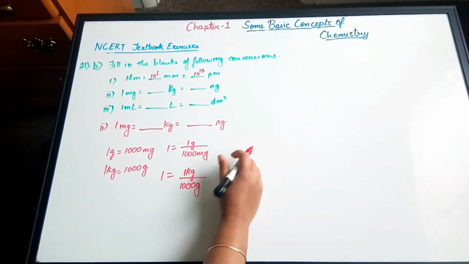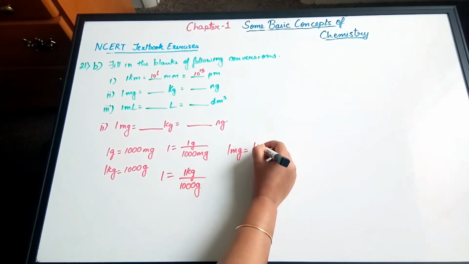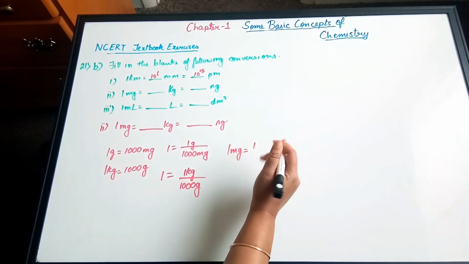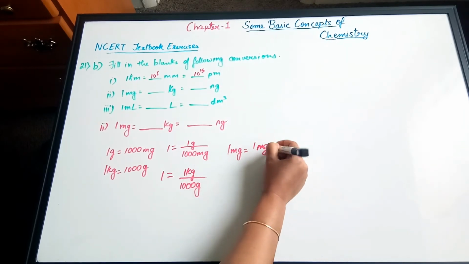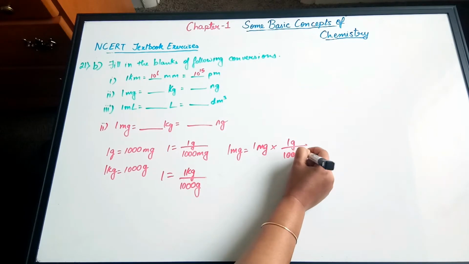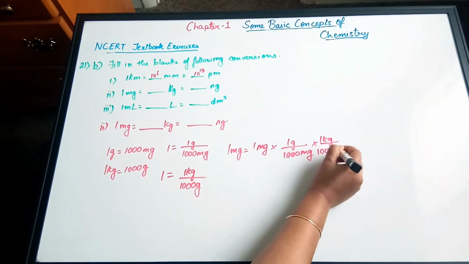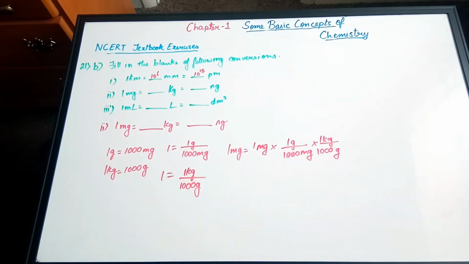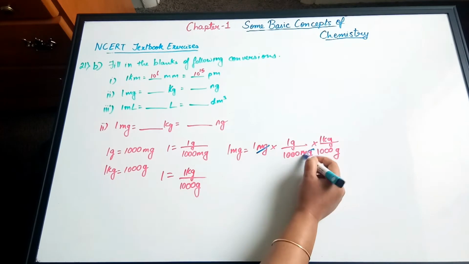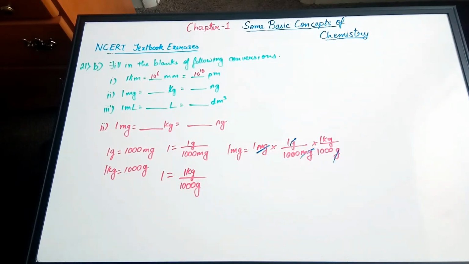Similar to the last time, 1 milligram equals 1 milligram into 1 gram by 1000 milligrams into 1 kilogram by 1000 grams. So here you have milligram being cancelled, gram and gram cancelled, leaving behind kilogram.